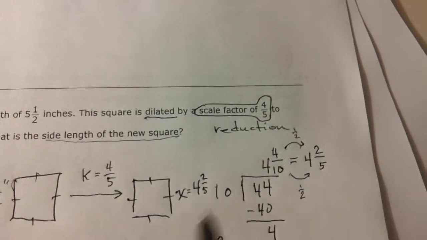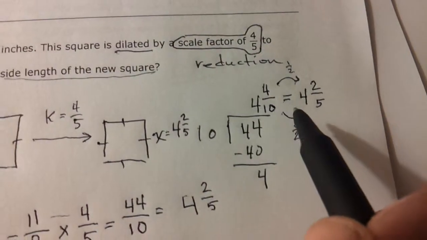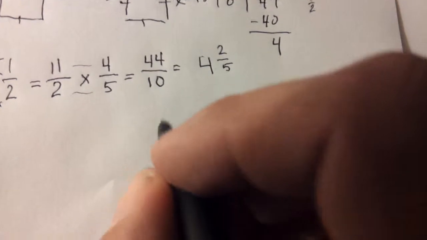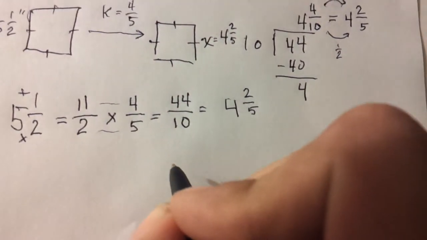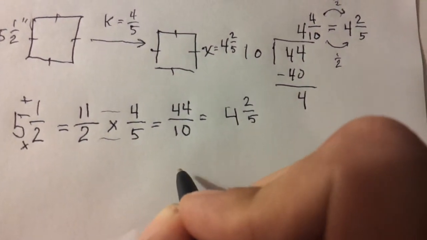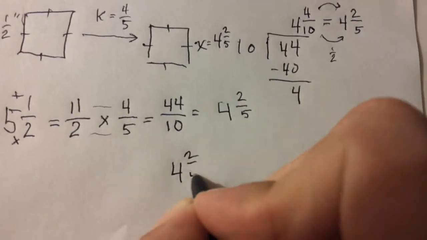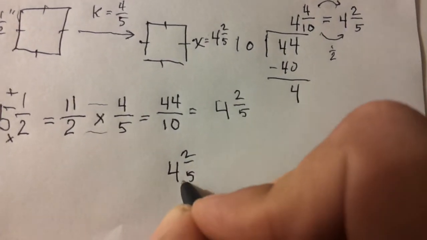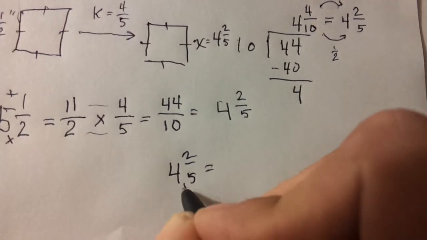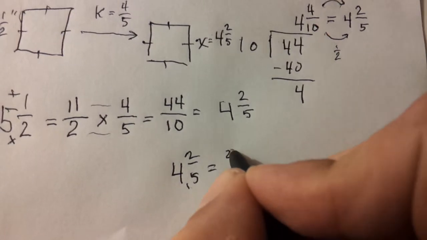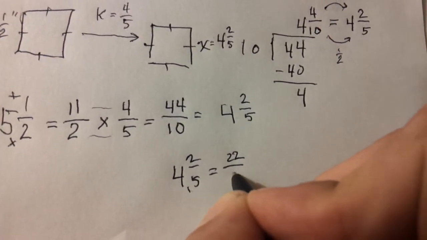Now, if you wanted to check your work and see that indeed it did work, here's a little trick for you. You've got 4 2/5, which is equal to, I don't have to write the times in plus, 5 times 4 is 20, plus 2 is 22, over 5.